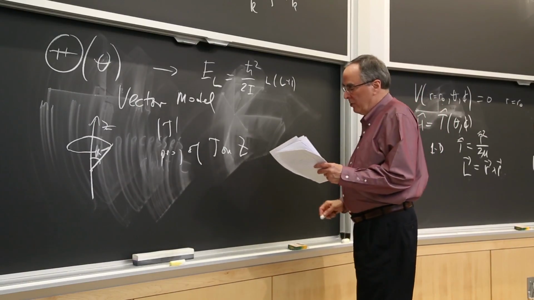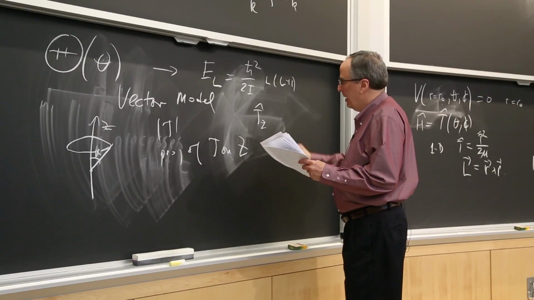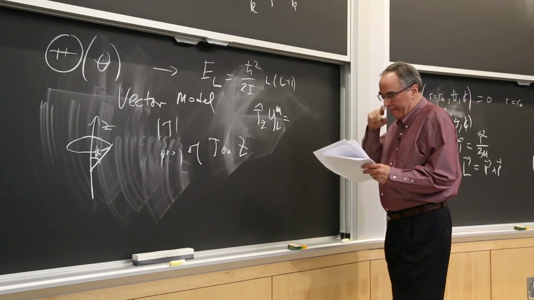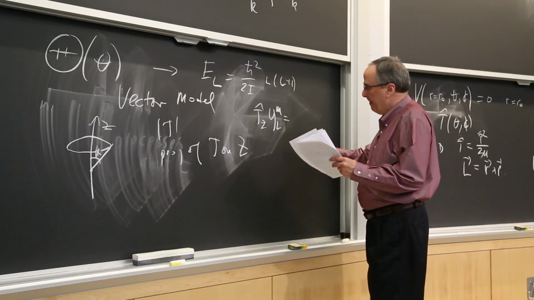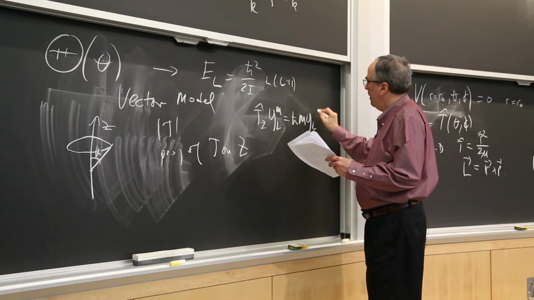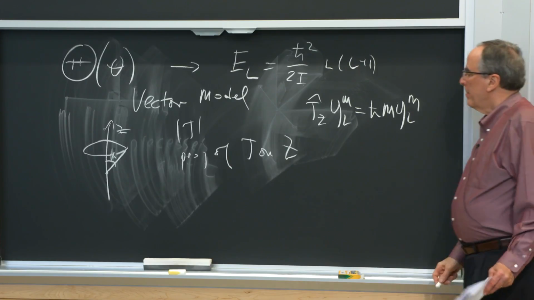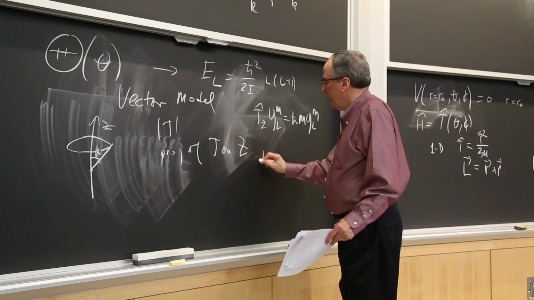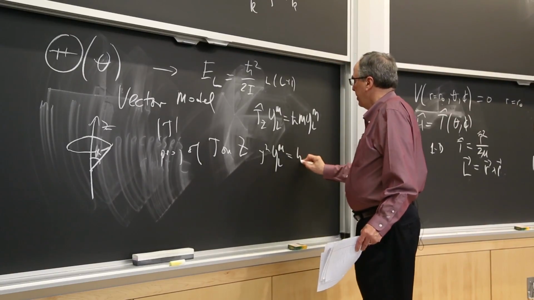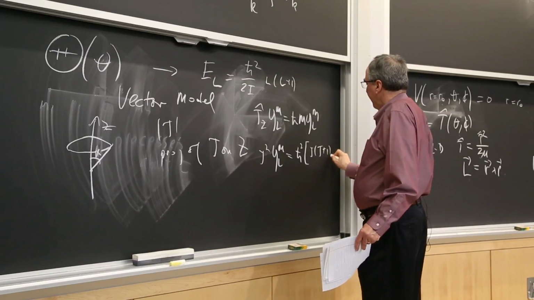And we know that Jz operator operating on YLM gives h bar M YLM. And J squared operating on YLM gives h bar squared J(J plus 1) YLM.